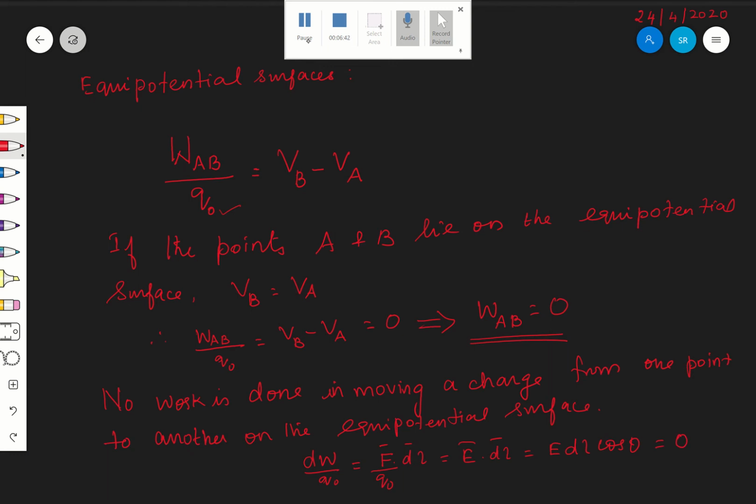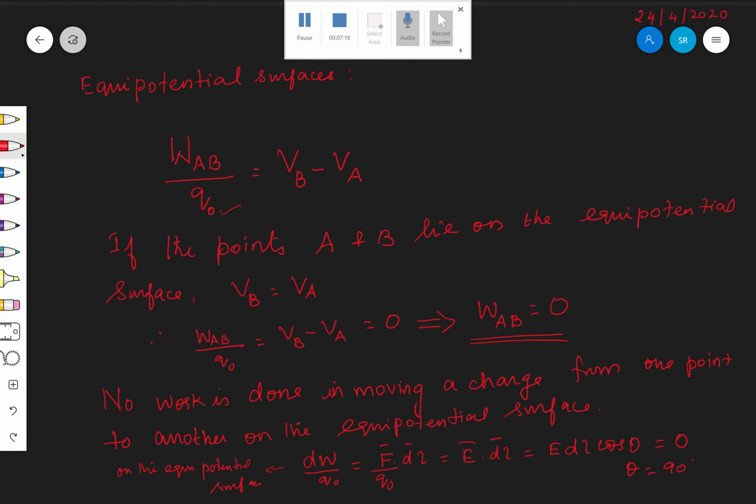Are you following? This is on the equipotential surface. Work done per unit charge is F dot dl by q naught, therefore that is nothing but E dot dl, that is E dl cos theta, equal to 0. That means theta is equal to 90 degrees.